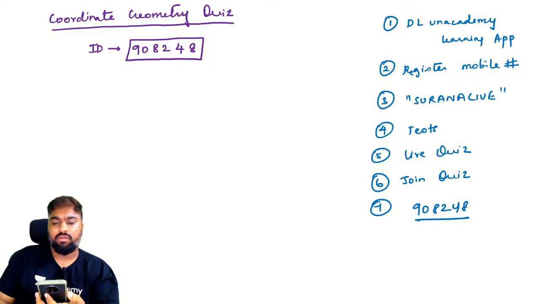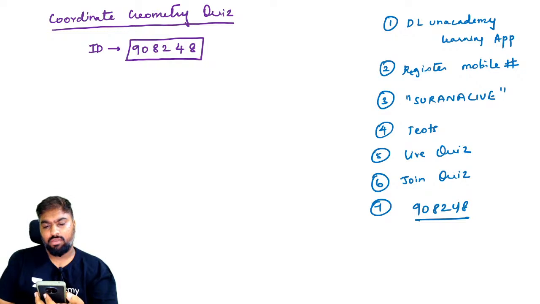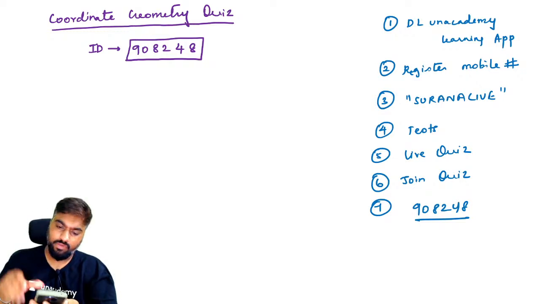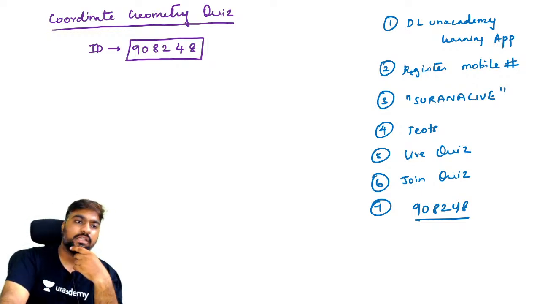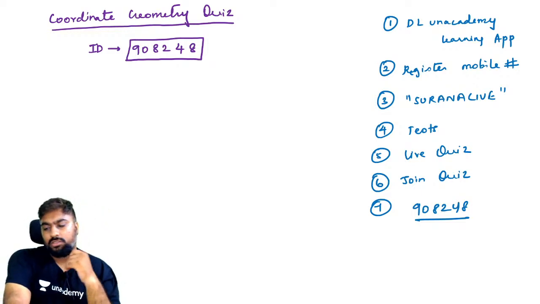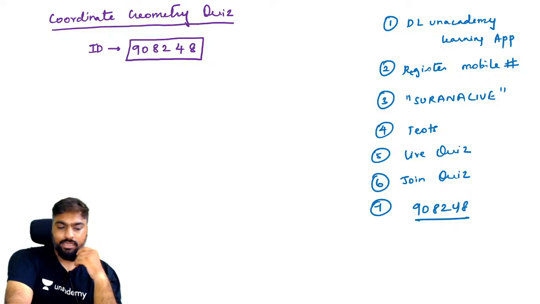Quadrilateral. Area of quadrilateral, 4 points are given. Quick. If they are in an order, then you can do it using two triangles also, but it's better you directly go for the quadrilateral.